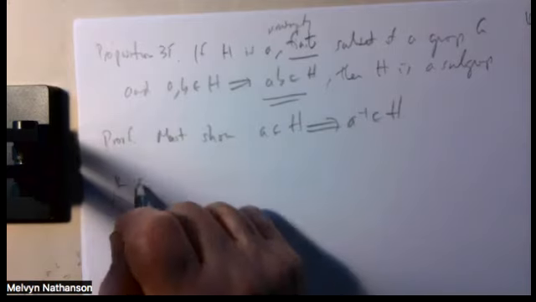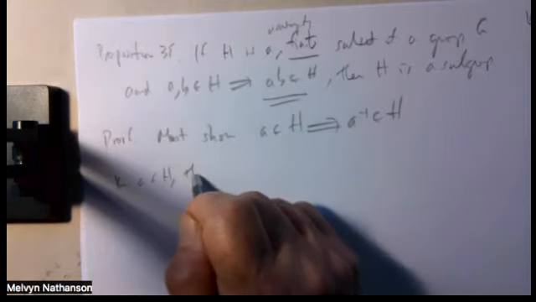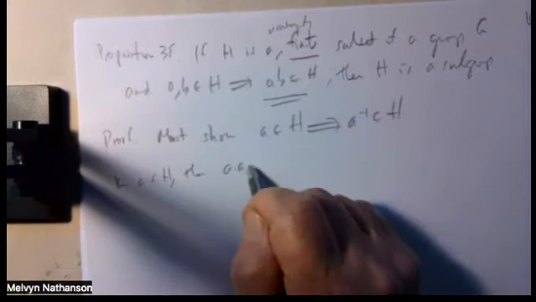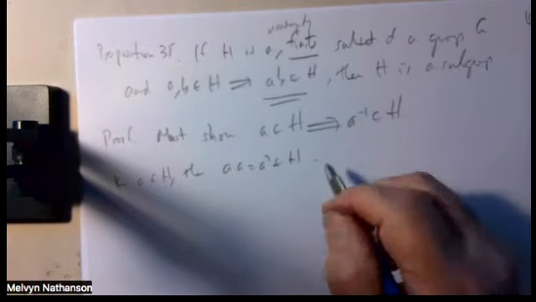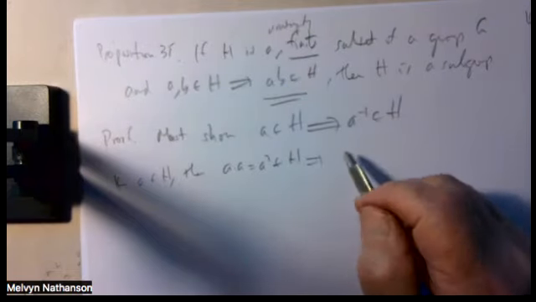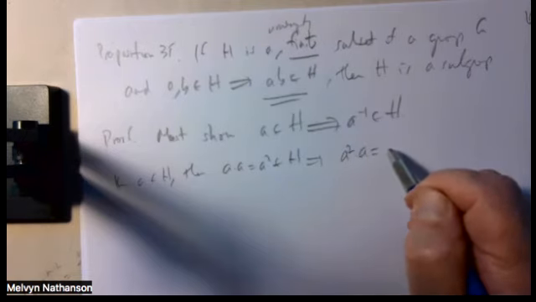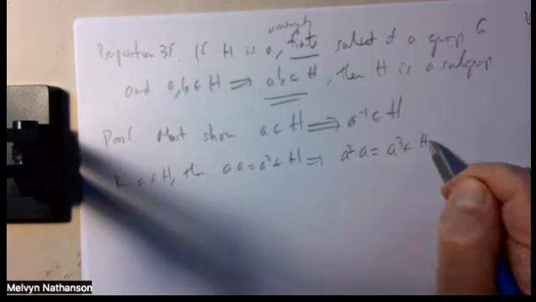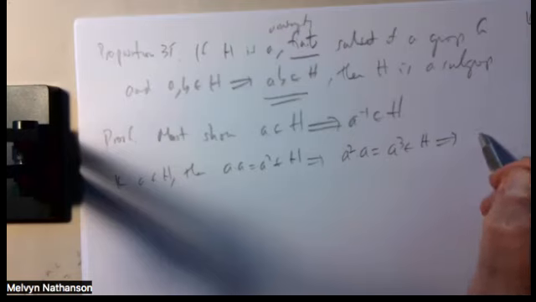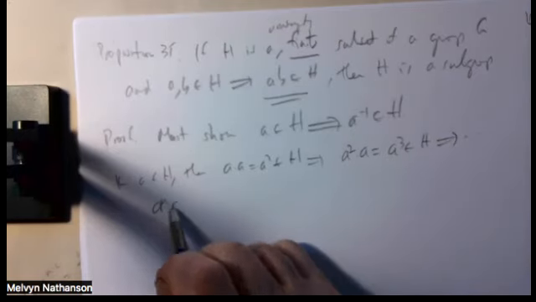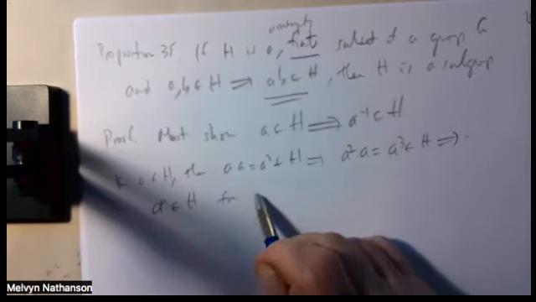So notice, if A is in H, then A times A, which is A squared, is in H, because H is closed under multiplication, which means A squared times A, which is A cubed, is in H. And if you continue inductively, you get A to the n is in H for all positive integers n.